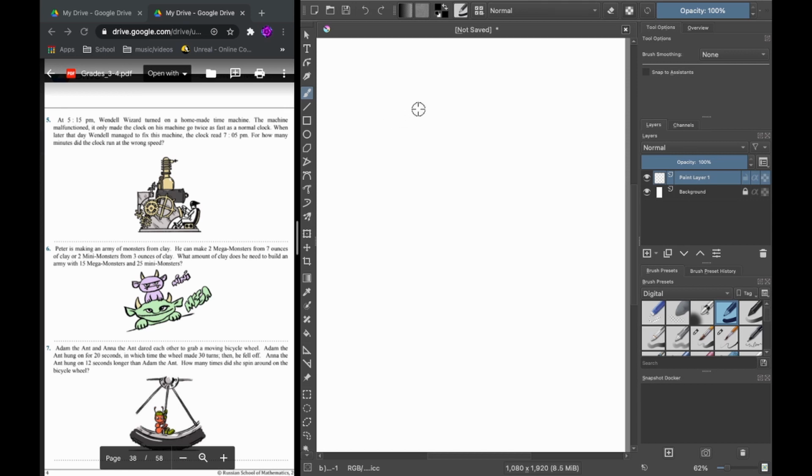What amount of clay does he need to build an army with 15 mega monsters and 25 mini monsters? So he has 2 mega monsters for 7 ounces of clay. How many for 15?